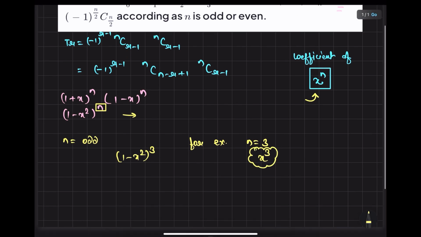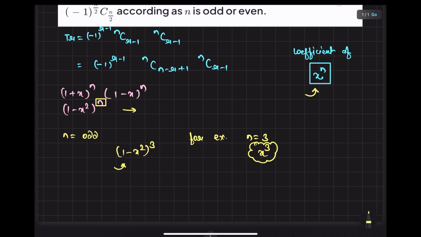Correct? Now if you expand this, x square will take power either 0, 1, 2, or 3. If x square takes power 0, x to the power becomes 0.